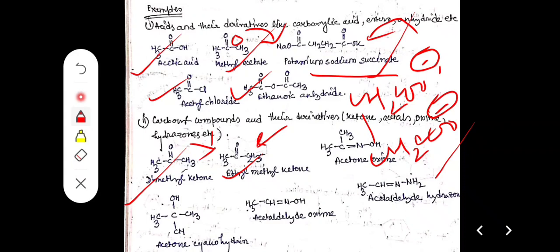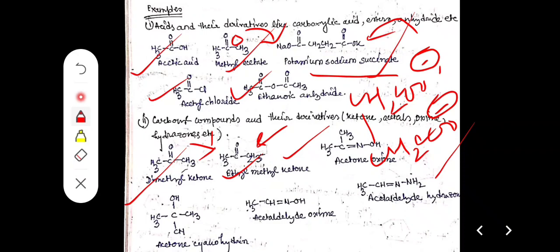If CO reacts with NH2OH, we ultimately get acetone oxime. Oxime is nothing but the CO group replaced by a C double bond NOH group.